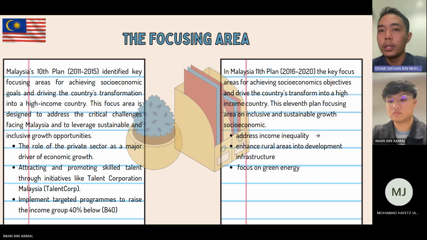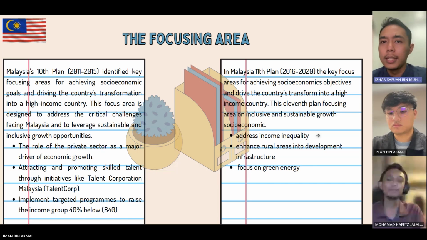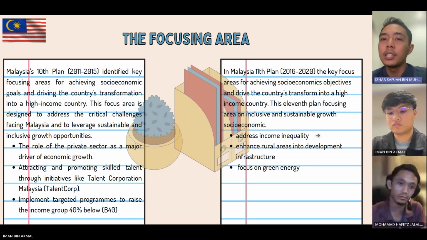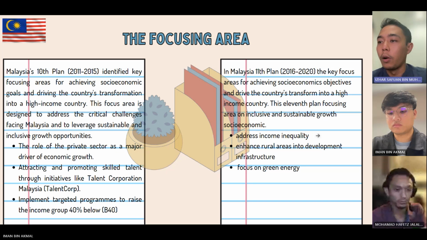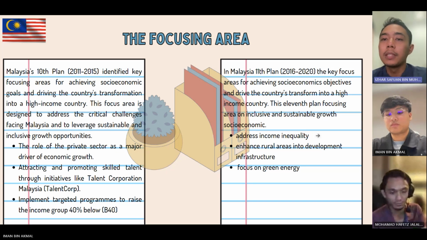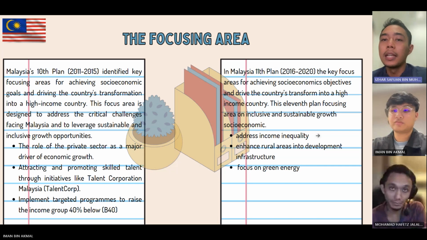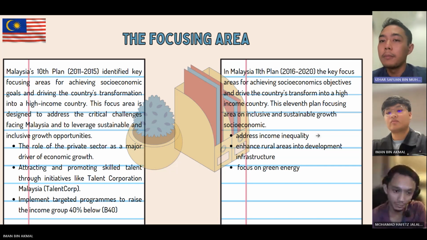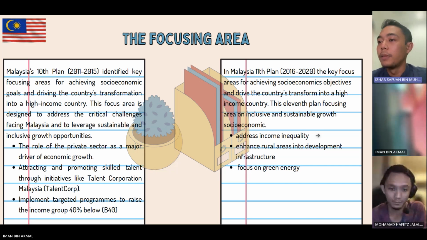We have concluded three: first, the role of the private sector as the major driver of economic growth; second, attracting and promoting skilled talent through initiatives like Talent Corporation, known as TalentCorp; and the last is implementing targeted programs to raise the bottom 40% income group, known as B40.